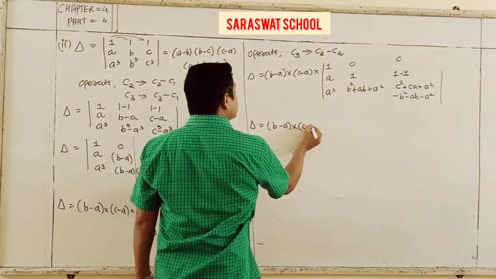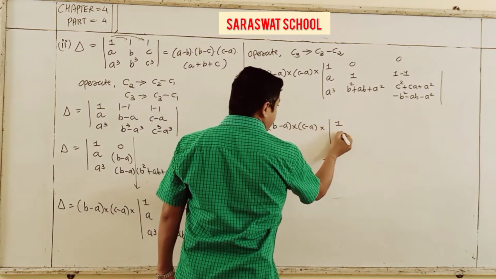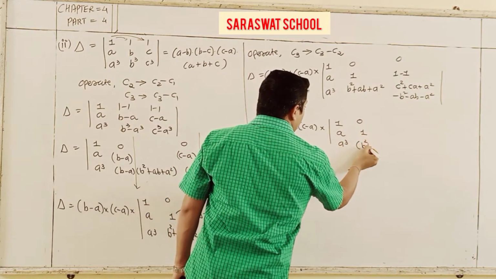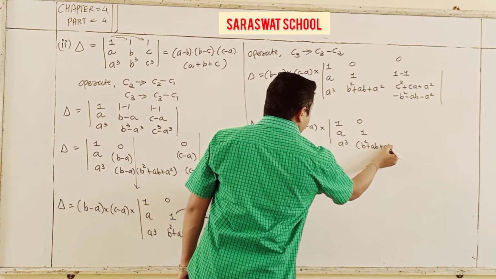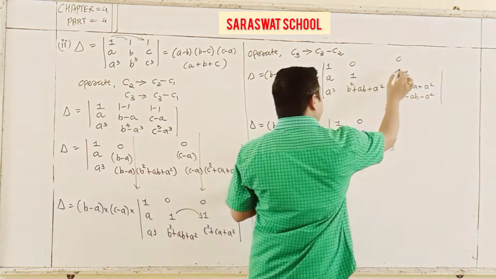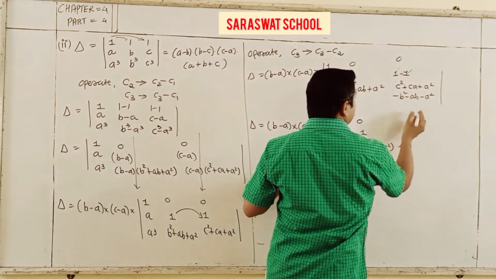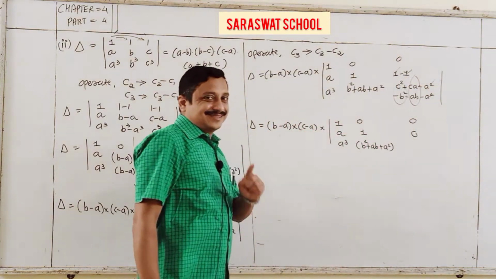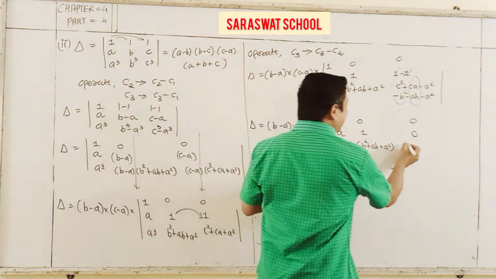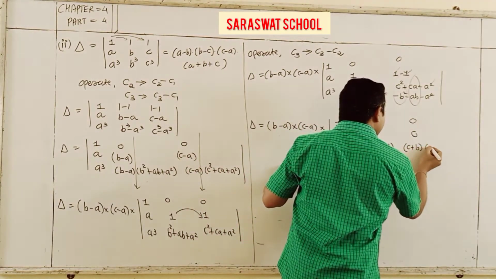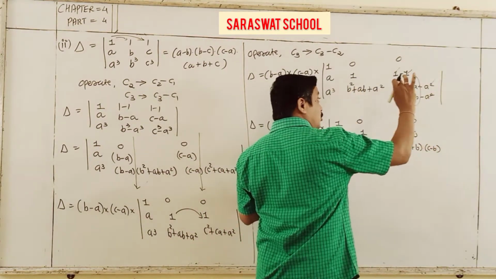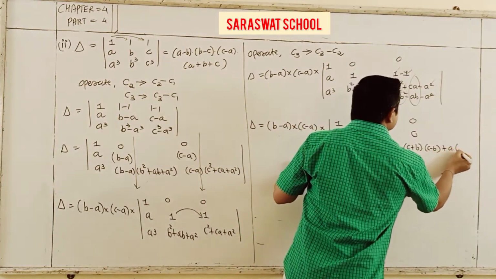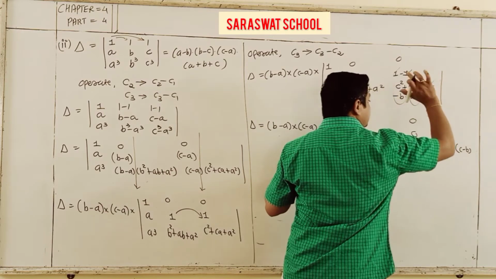Check what's the remaining. Some factorization is coming, see, 0 1 b square ab a square, and that should be 1 1 cancel, 0 0, here also students cancel, and these two are the two factorizations. C square minus b square, I will write down c plus b, c minus b, and here common take a, so remaining are c minus b. In this form a common, then c minus b.